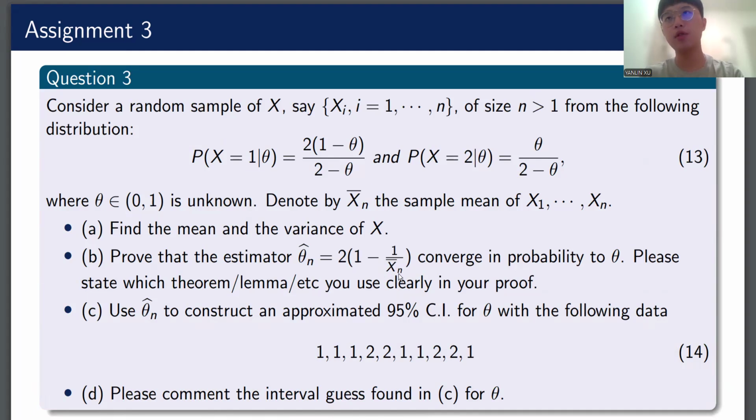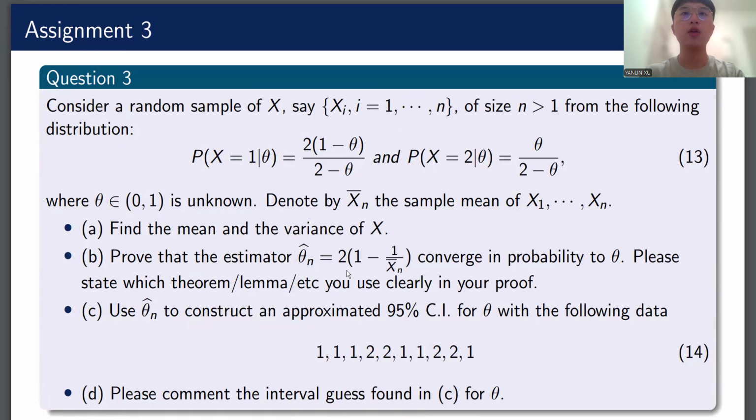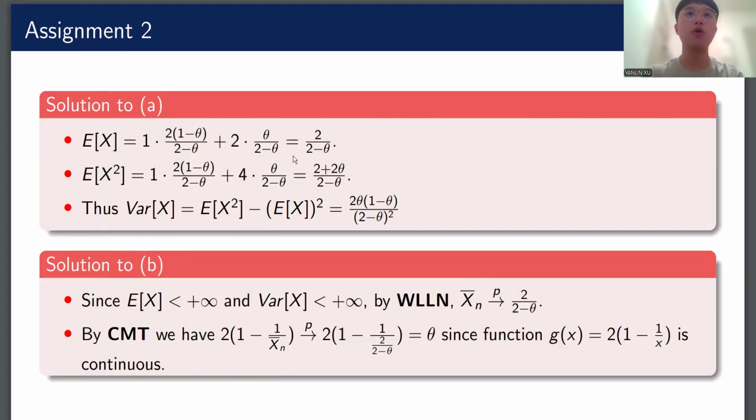By part A, the expectation and the variance are all finite. So the weak law of large numbers tells us the sample mean must converge in probability to the mean, which is 2 over 2 minus theta. So this is the result.